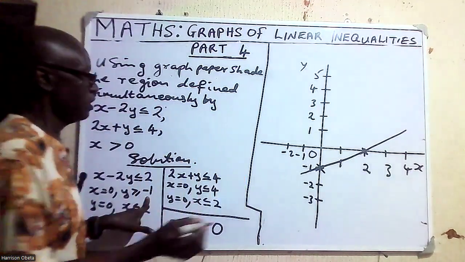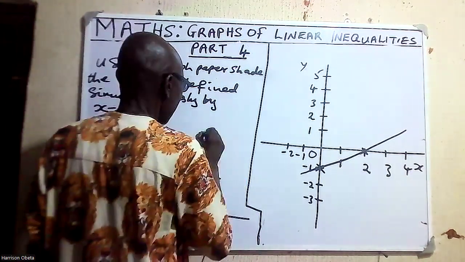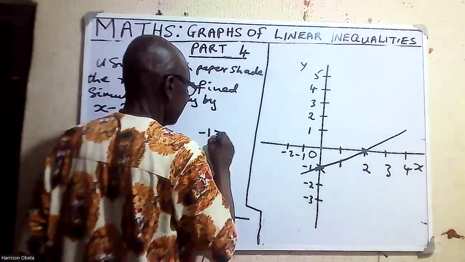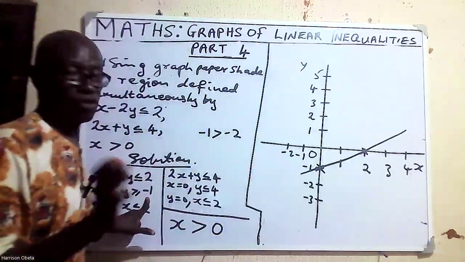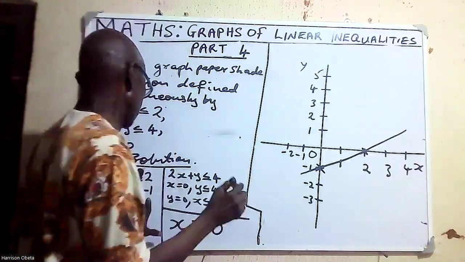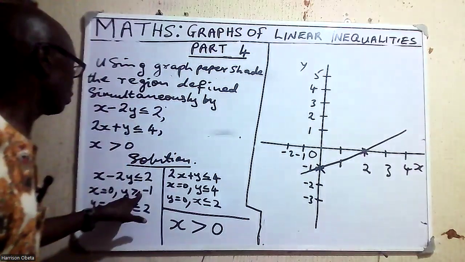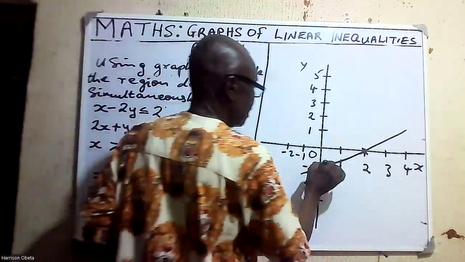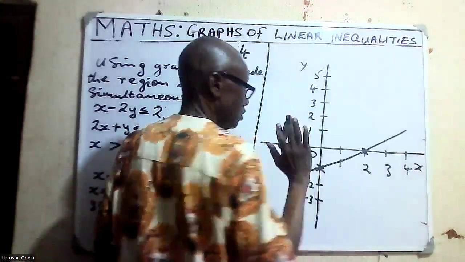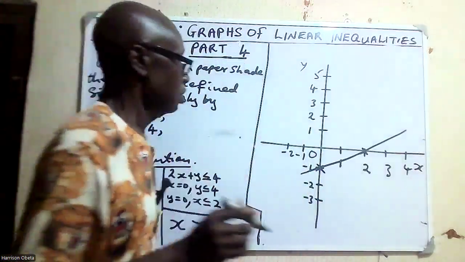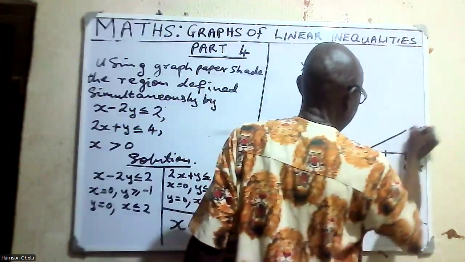What am I trying to explain? Minus 1 is greater than minus 2. Take note of that. So, since we are talking of y is greater than or equal to minus 1, it means that all the values at the upper part of this line are in the region. So this is called the boundary line.